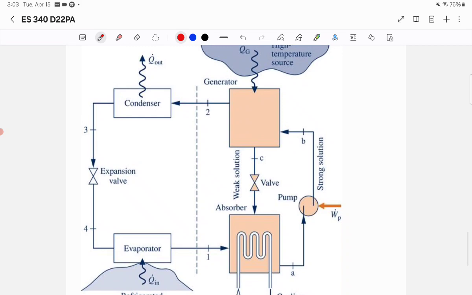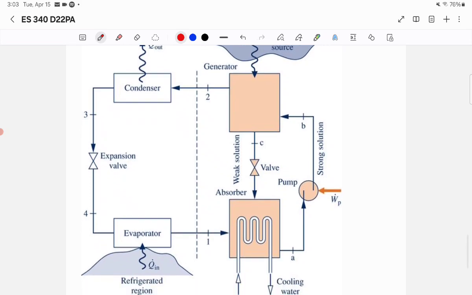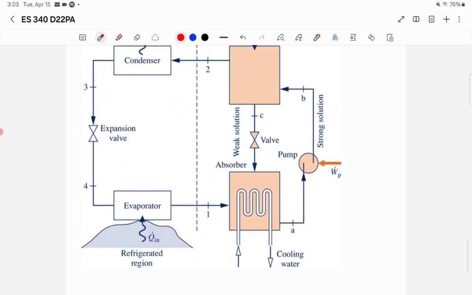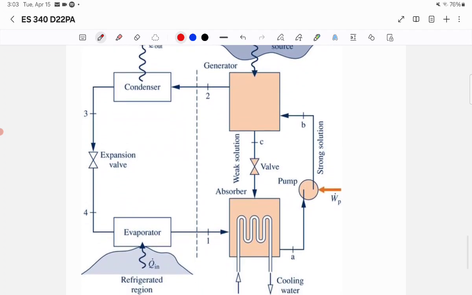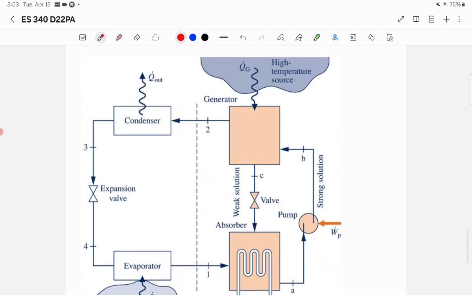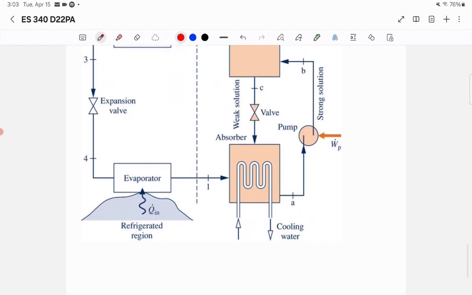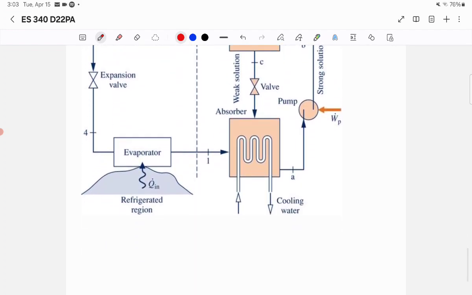As an example, the compression step actually ends up being removed from the absorption refrigeration process, as you'll note here.